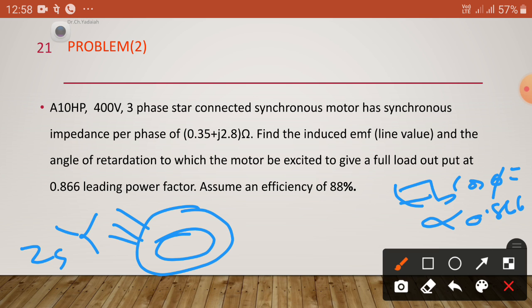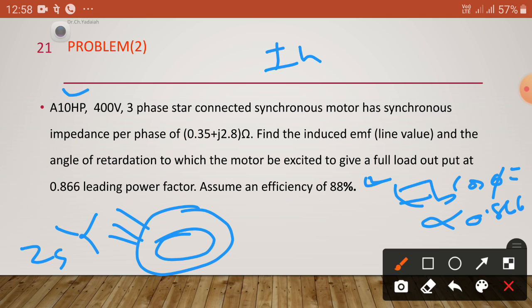Now assume the efficiency is 88%. That means the output power is given, and since you know the efficiency, from this we are going to calculate the motor input.